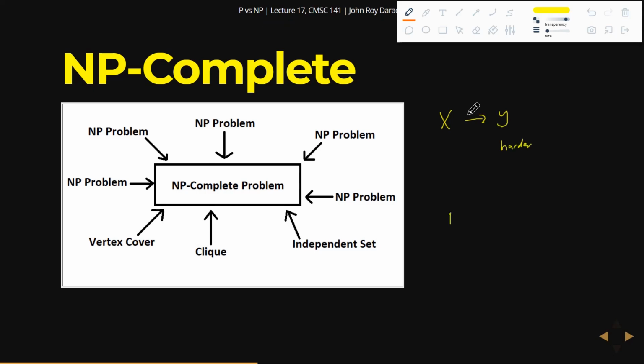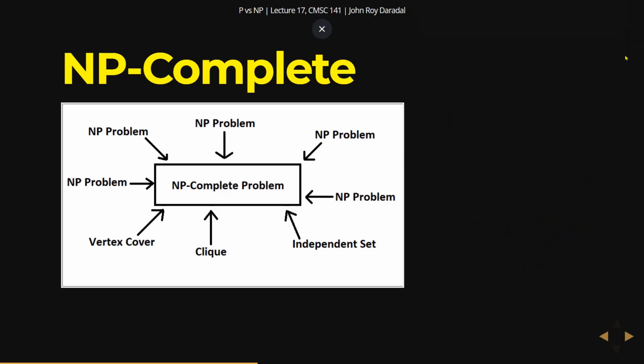So if all the NP problems can be reduced to the NP-complete problem, this one is the hardest NP problem of all, right? Because it can solve all NP problems by solving its own problem.